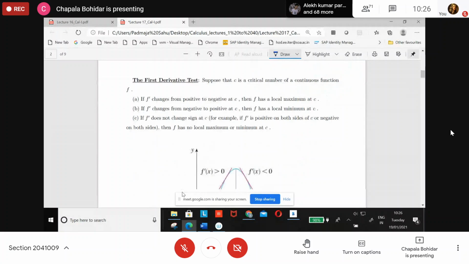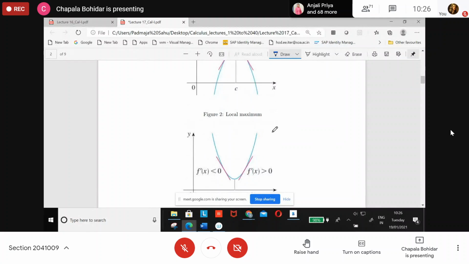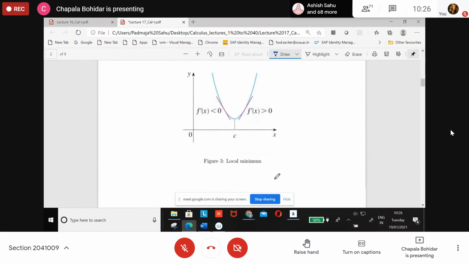See the curve here. Greater than 0 here, it is less than 0. Already I have done that part. Here it is less than 0, then greater than 0, negative to positive.